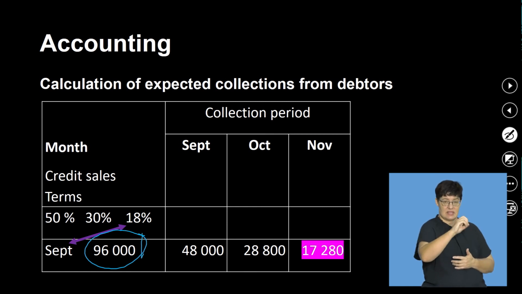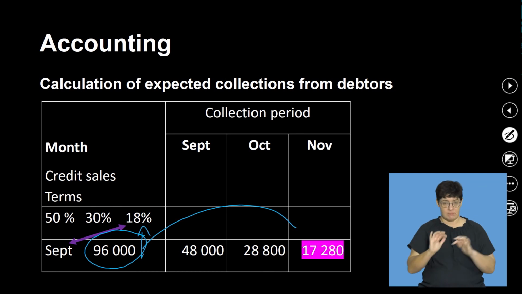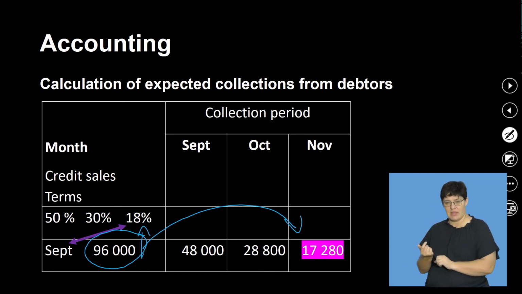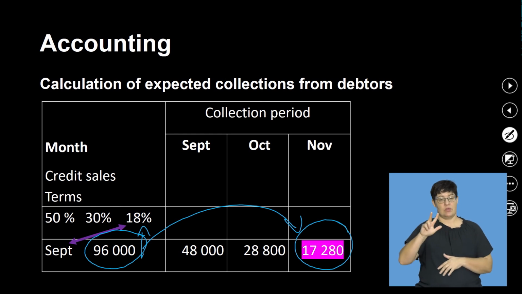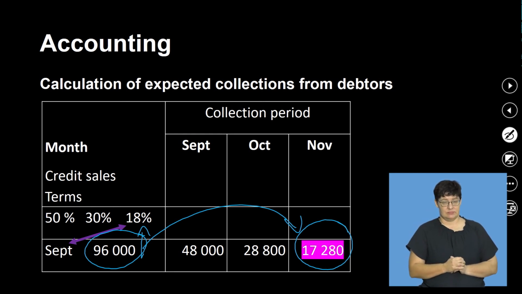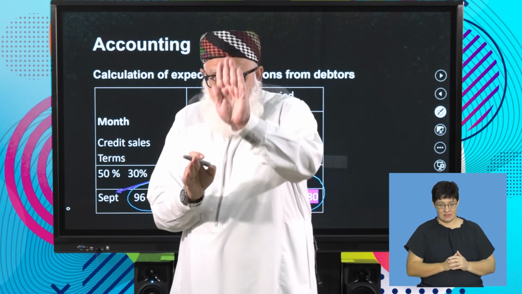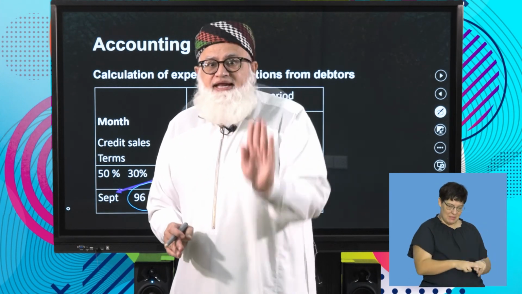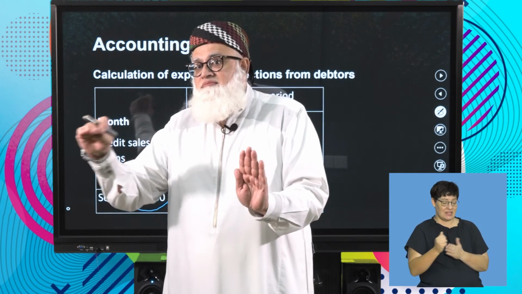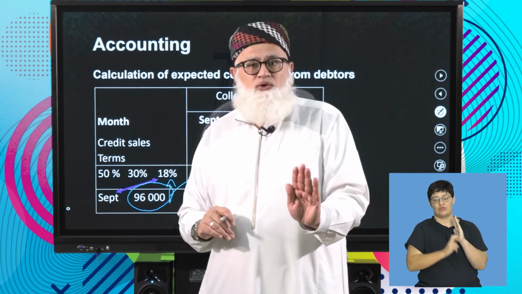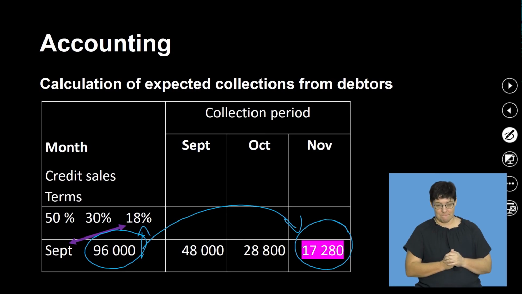Remember, it's the 18%. I've shown you the calculation. There you can see it impacts on my November, and the figure is 17,280. Notice the pattern. You will see how each collection is dependent firstly on the credit sale and then the terms of agreement with our debtors.